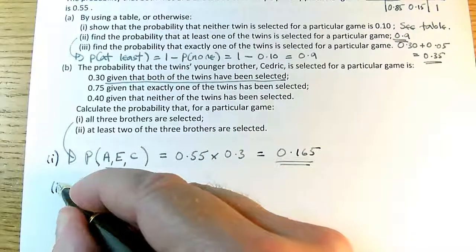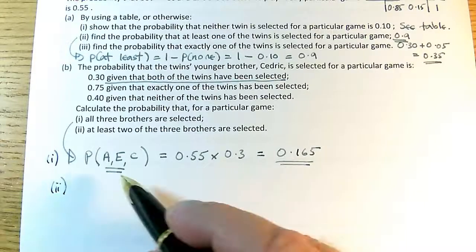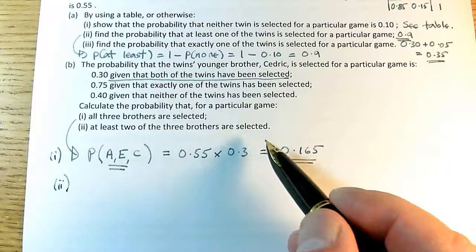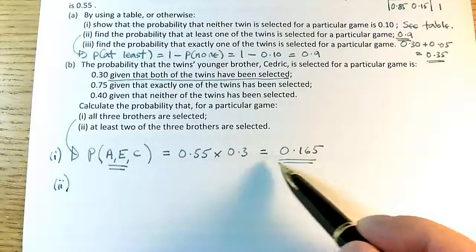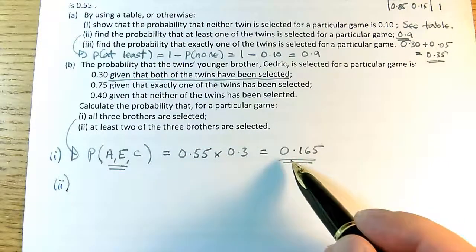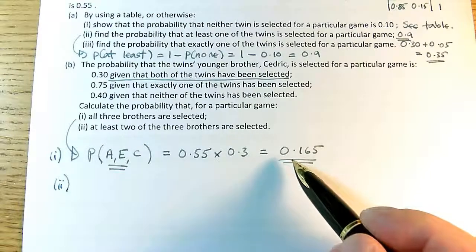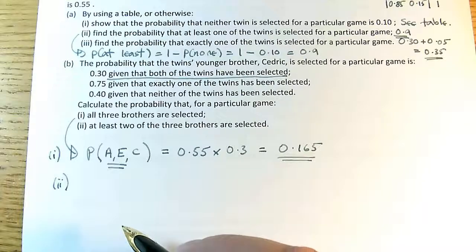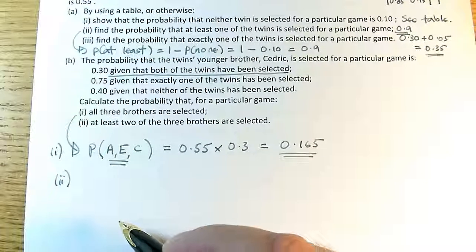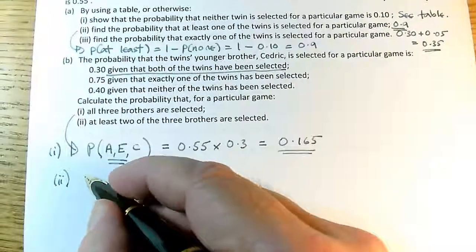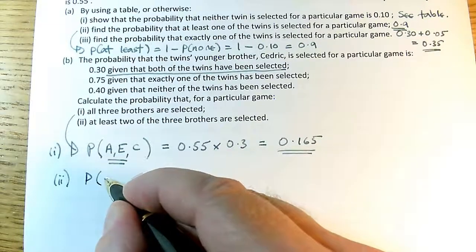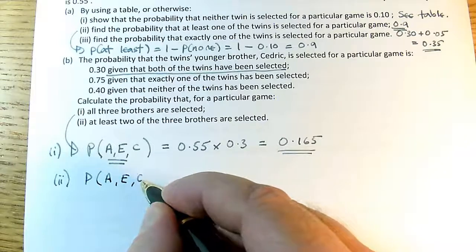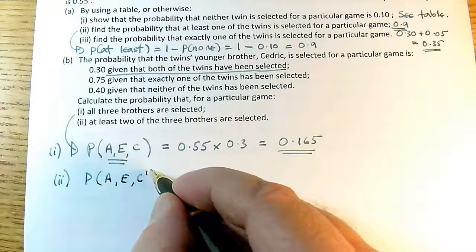And for 2, now I've got to do this in some different ways. At least 2 of the 3 brothers are selected. Well, I could carry on working from what I've already done. I found the probability that all 3 play. Now I can go through the different ways that 2 of them play and the third one does not. So one way of doing this is to say I want the probability of Alec playing and Eric playing, but Cedric not playing.